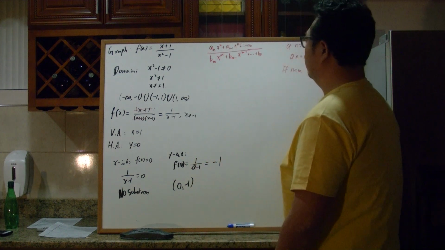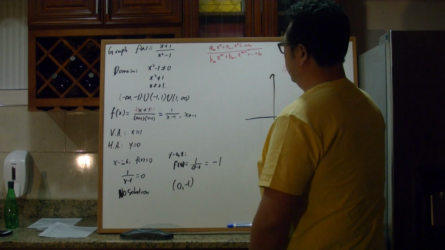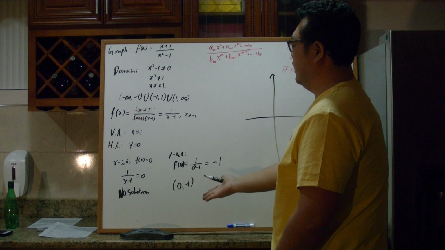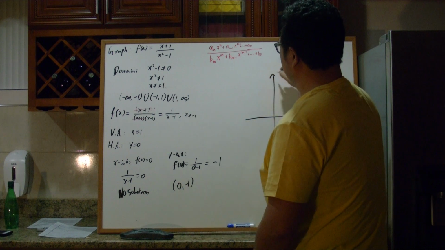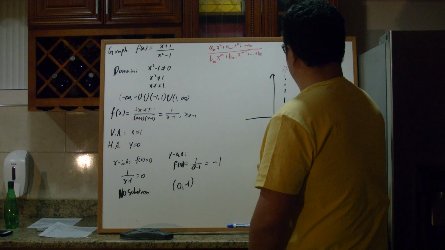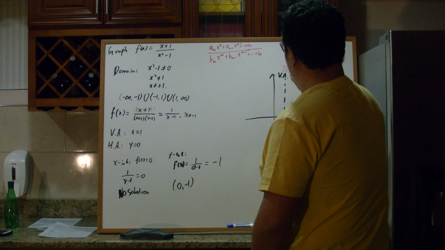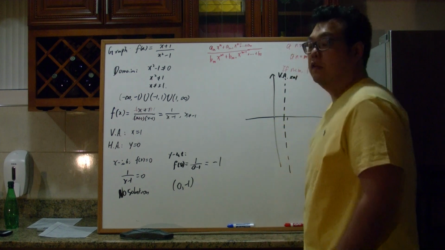So a couple of things are clear. The function doesn't have an x-intercept, and has the vertical asymptote at x equals 1. Just label them clearly to see what we have.